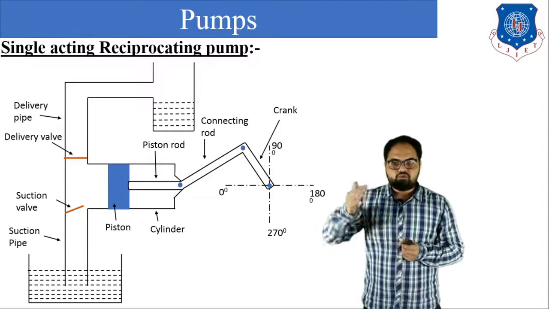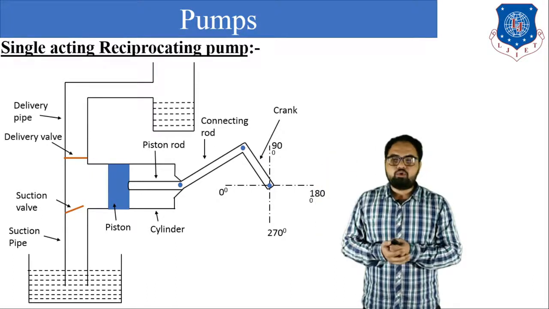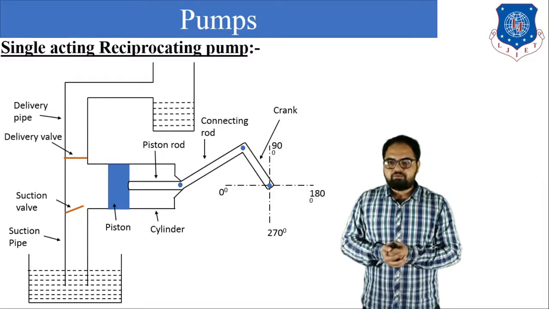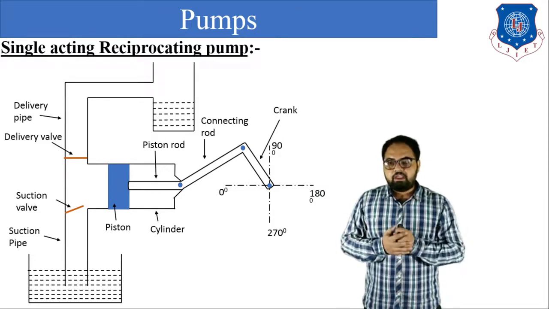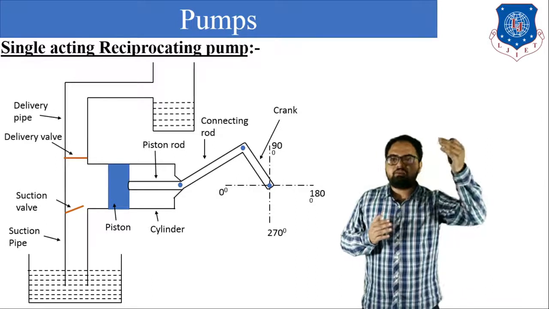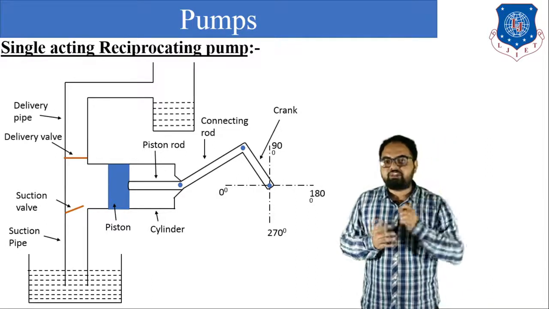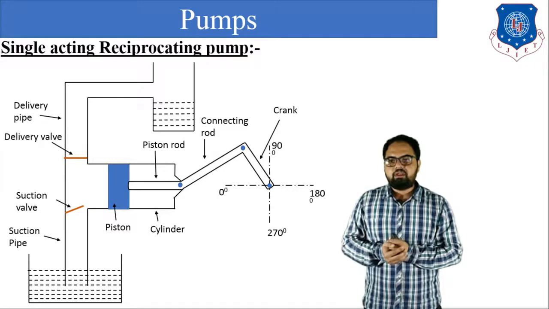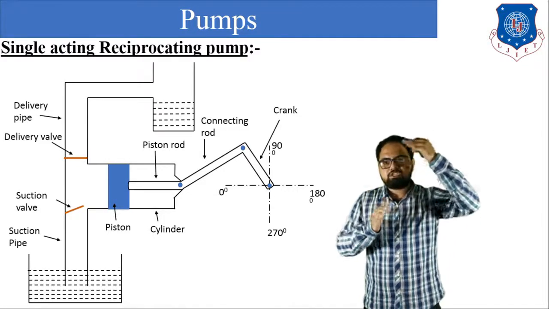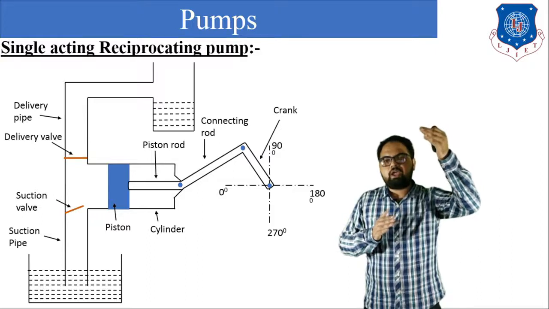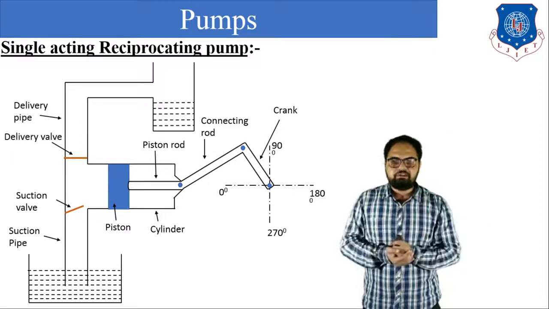Suction valve and delivery valve are both non-return valves, which are used to prevent backflow of the liquid. If the liquid crosses the suction valve, it will not be able to return to the sump. If the liquid crosses the delivery valve, it will not be able to come back inside the cylinder.